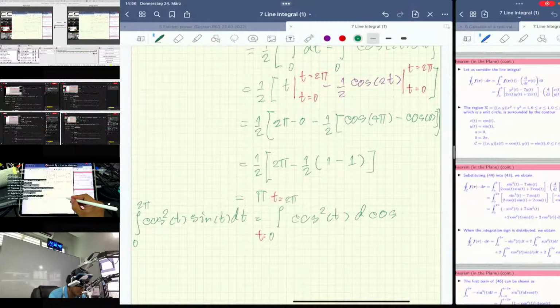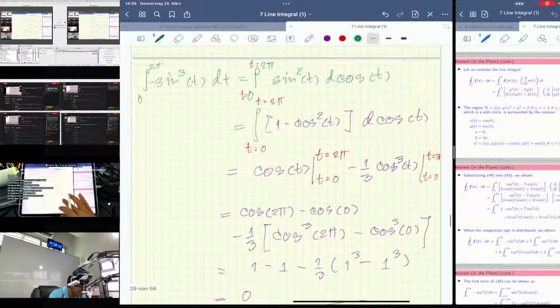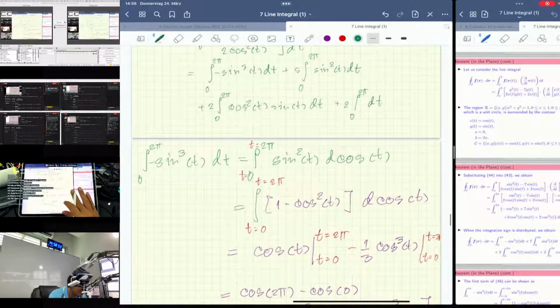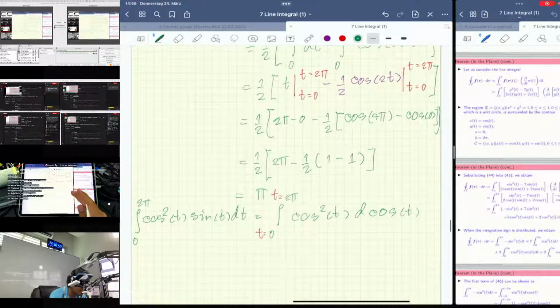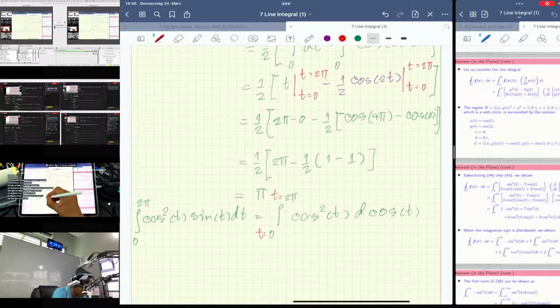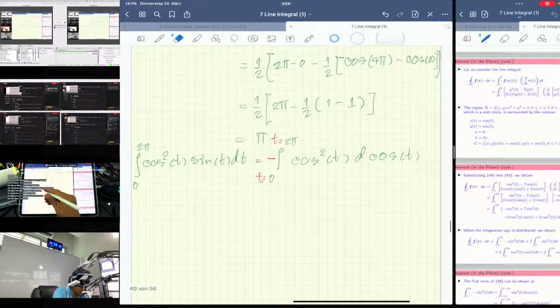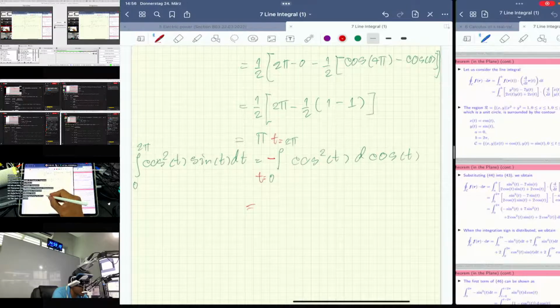Cosine square t, and this is negative. We need a negative in front of that, because d cosine is negative sine t. And finally, you're gonna see that it's cosine.